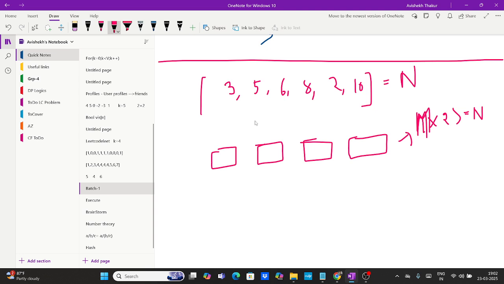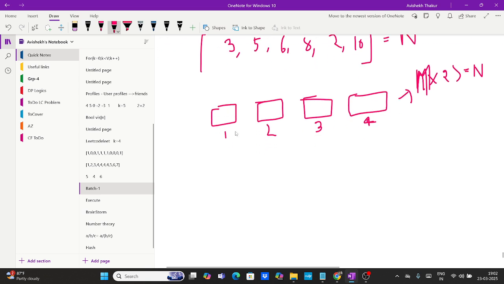This is slot number 1, this is slot number 2, slot number 3, slot number 4. In one slot you can place at max 2 elements only.